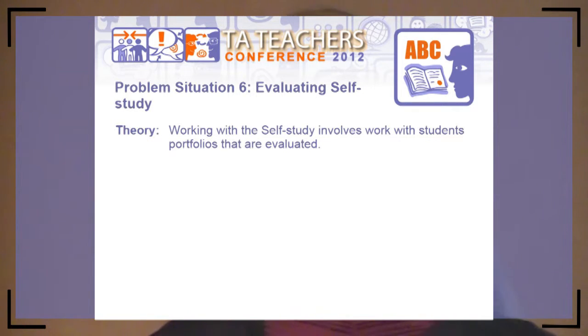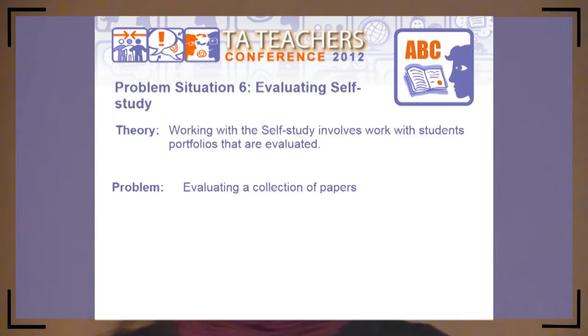So they make their portfolios, whatever they are doing during the year, that are actually evaluated at the end. And here the trap is, what do you actually evaluate? Do you evaluate a collection of papers, which they just put in the portfolio? Or do you actually evaluate the process of learning? But how to evaluate the process?